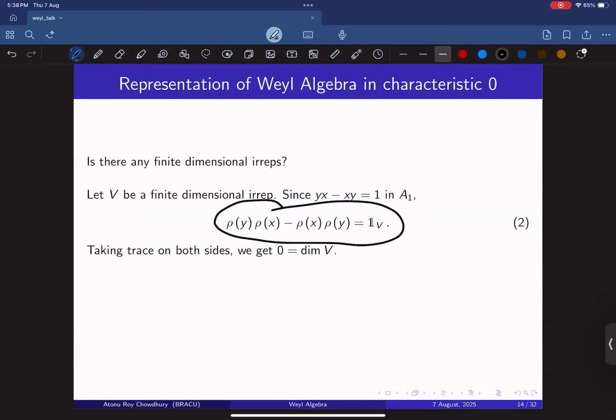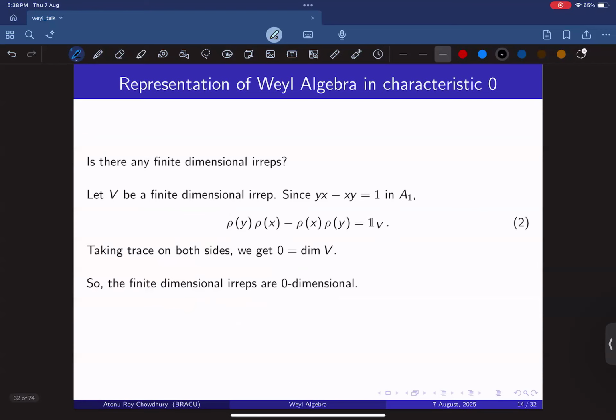Then if we take trace, as we know, trace of AB is equal to trace of BA. Therefore, the left-hand side is 0, but the right-hand side is the dimension of V, because it is the identity matrix, and the trace of the identity matrix is the dimension of the space. So we get that the dimension of V has to be 0. That means in characteristic 0, the finite dimensional representations have to be 0-dimensional, right?